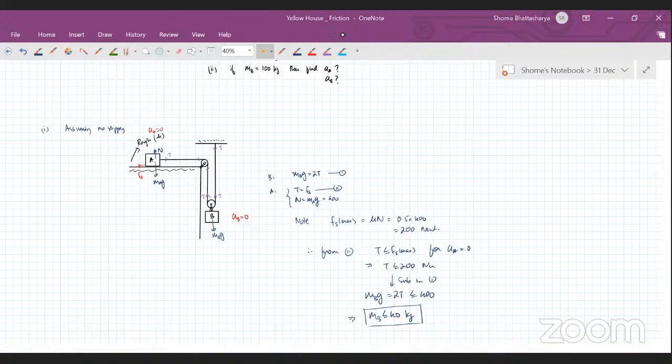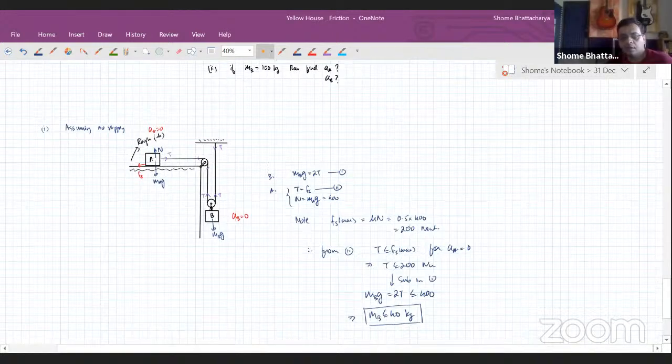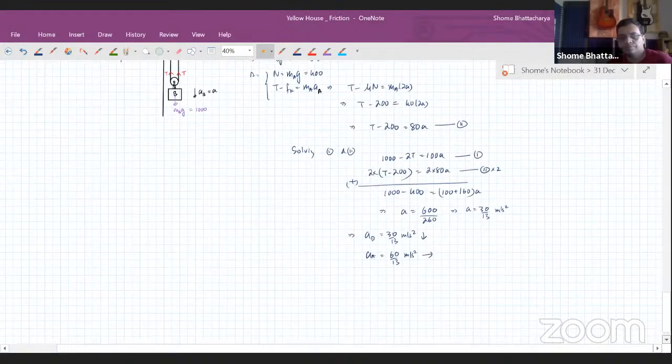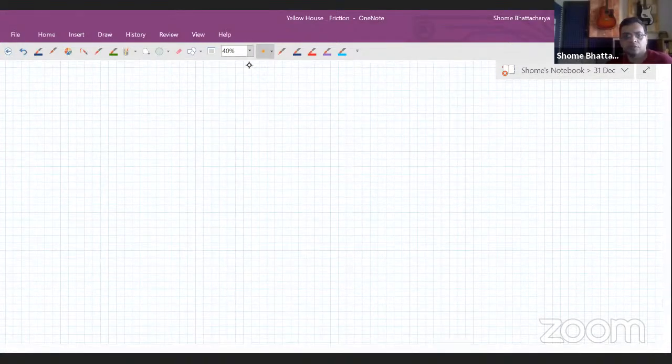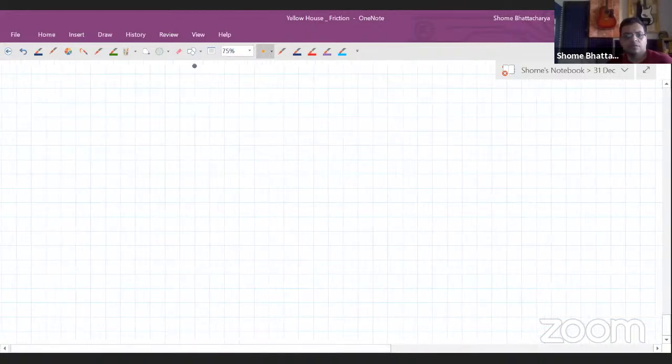Okay, good. Now we come to an extremely important type of question based on friction. These are generally called the two block problems.